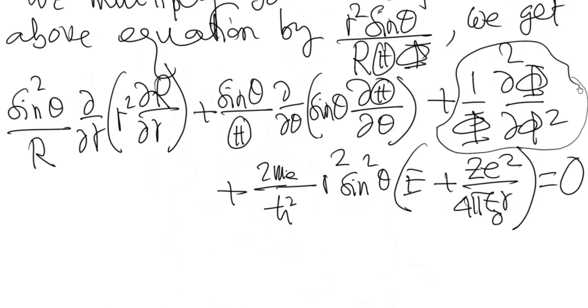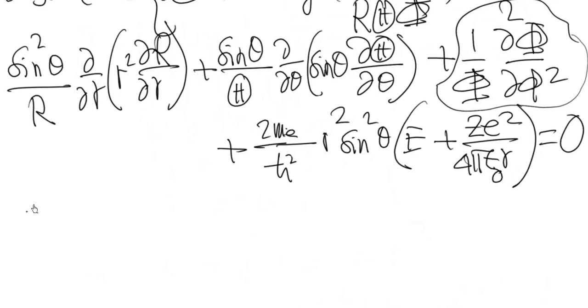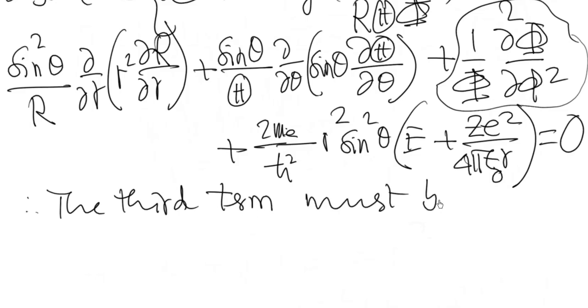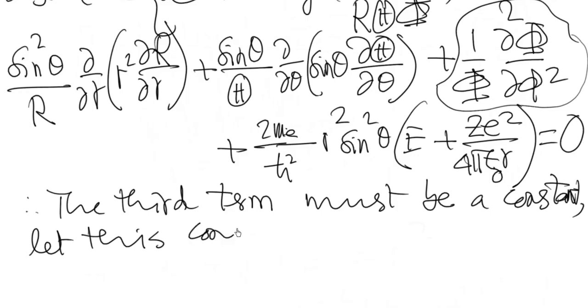So this third term must be a constant. Let this constant be minus m square.